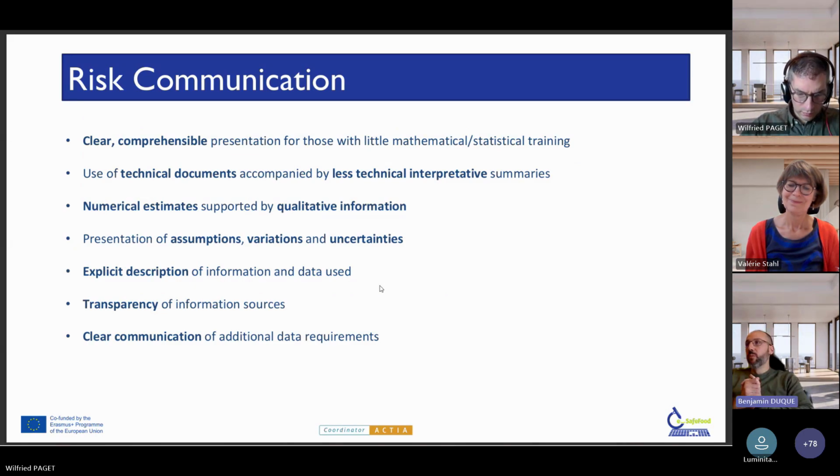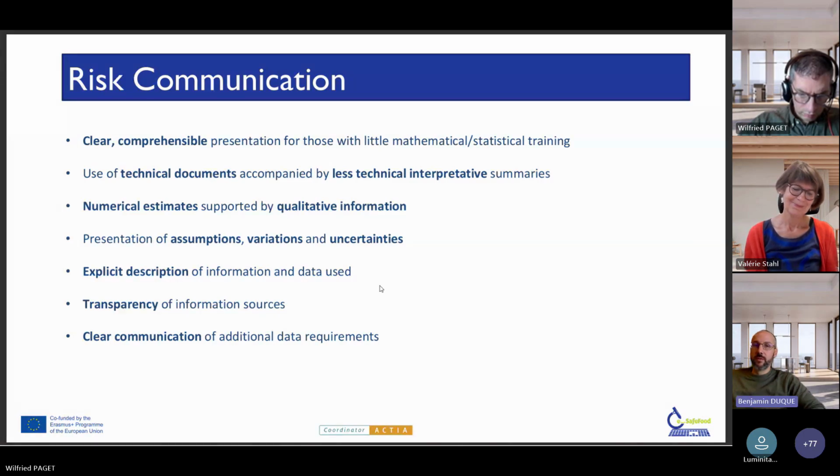So to make communication clear and accessible, even for those with little mathematical or statistical training, it is important to use technical documents accompanied by simplified summaries. And in addition, numerical estimates need to be supplemented by qualitative information, highlighting assumptions, variations, and uncertainties.